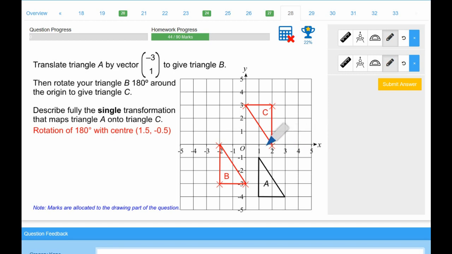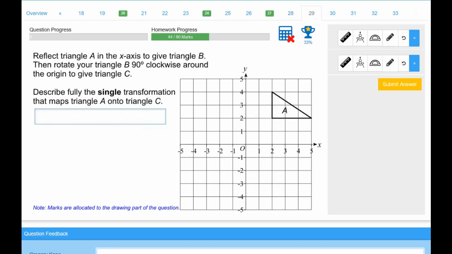So a little bit trickier. It's actually just here. That's where my center of rotation is. And you'd have to perhaps play a little bit with your tracing paper to work that one out. It's not trivial trying to be able to do that. Now, there are other ways of doing it. You can use some ray lines to guide you, but tracing paper is probably an easier method at this stage.